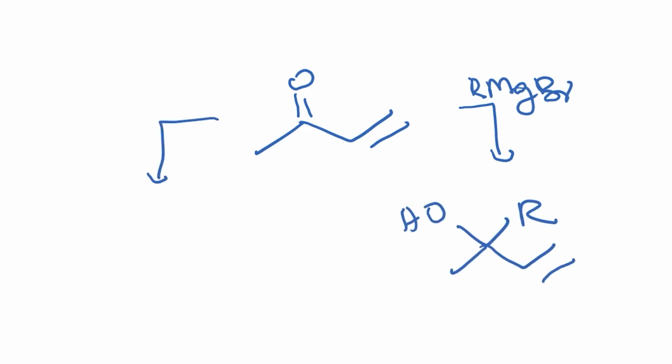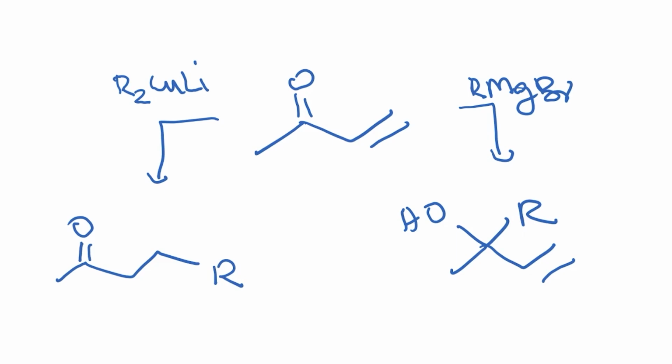And if you would like to get the 1,4 addition product, then you use R2CuLi, and that would give you this product. So this is really useful in terms of how you would like to manipulate reactivity of compounds and how you can actually get selectivity of addition.